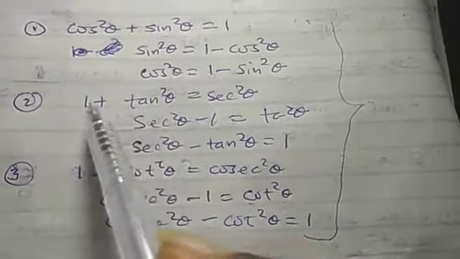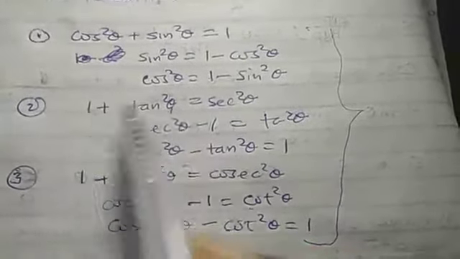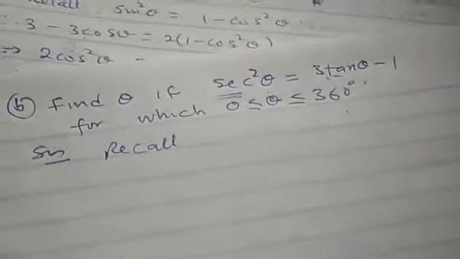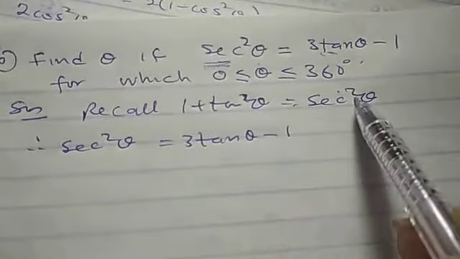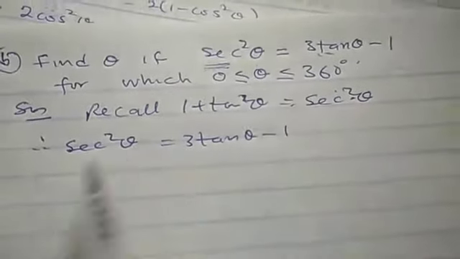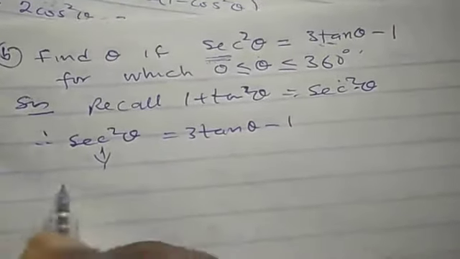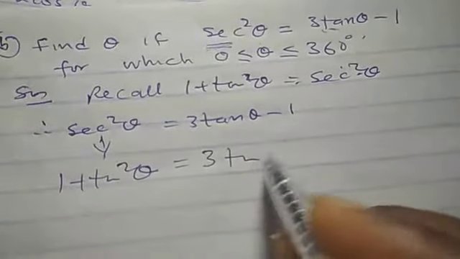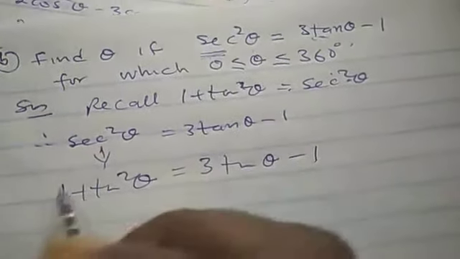So you have to make use of the trig identity, which says sec square theta is equal to 1 plus tan square theta. So in the given question, instead of sec square theta, I will just put 1 plus tan square theta is equal to 3 tan theta minus 1. So let's rearrange.